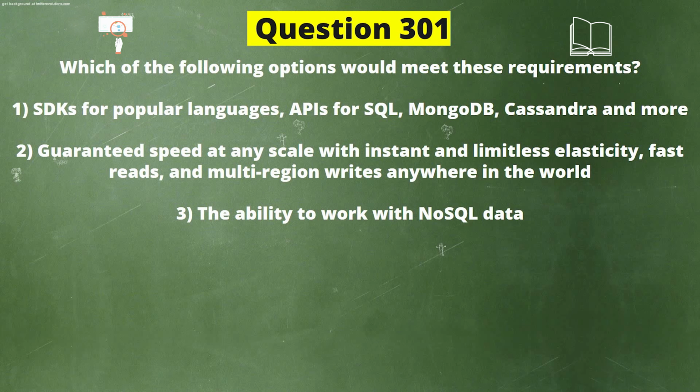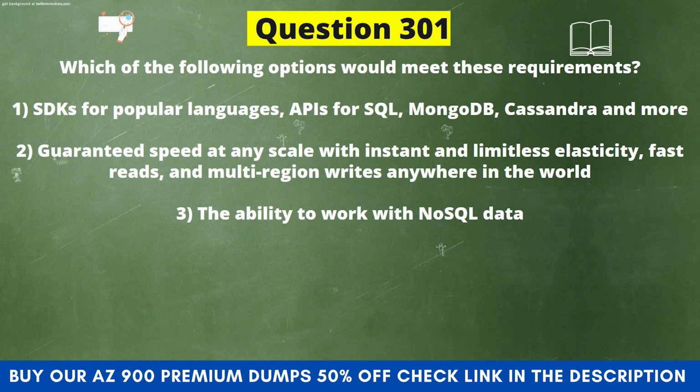Next question. Which of the following options would meet these requirements? Number 1. SDKs for popular languages, APIs for SQL, MongoDB, Cassandra, and more. Number 2. Guaranteed speed at any scale with instant and limitless elasticity, fast reads, and multi-region writes anywhere in the world. Number 3.